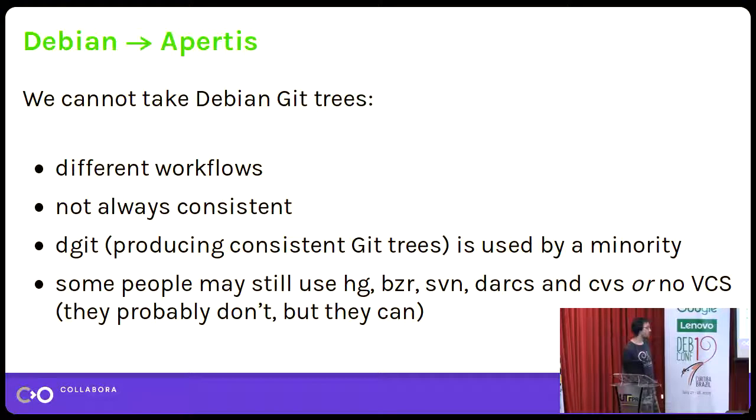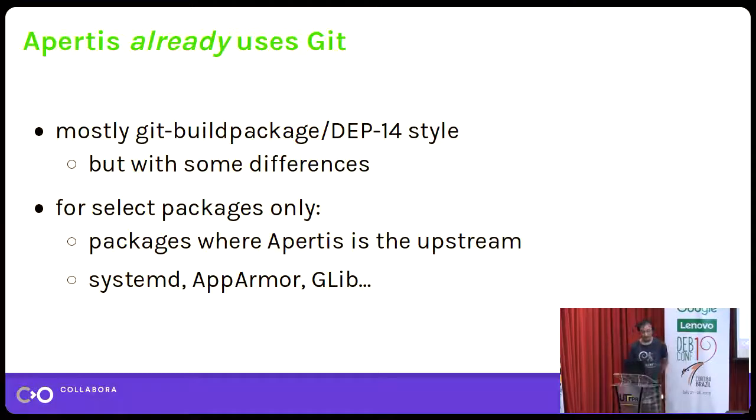But unfortunately, it's used by a minority of people, and so if we just try to use the Git clone, for example, to get Git history for a Debian package, we would basically be creating unique Git repositories each time, and it's not very useful. And then, well, some people might still use Mercurial, Bazaar, and other version control systems hosted outside of the Debian infrastructure. They probably don't do so, but there's still a possibility for this.